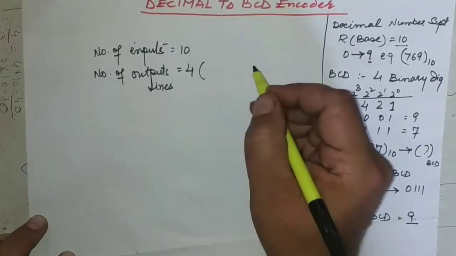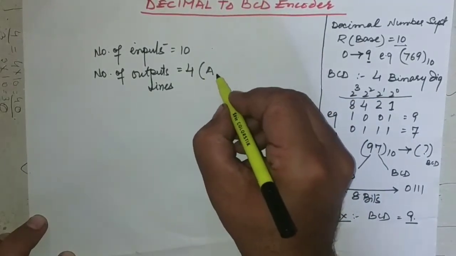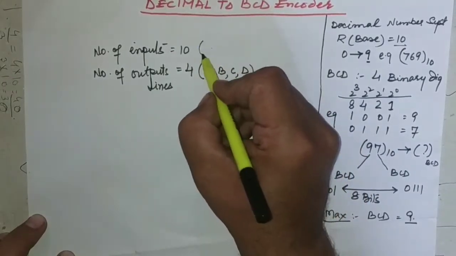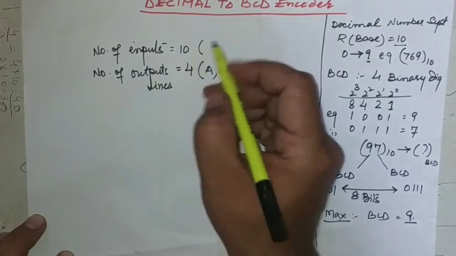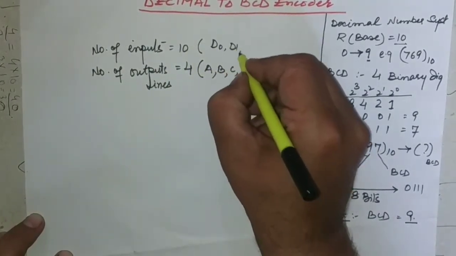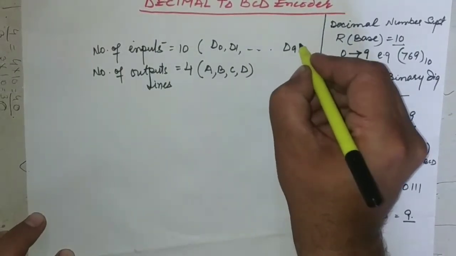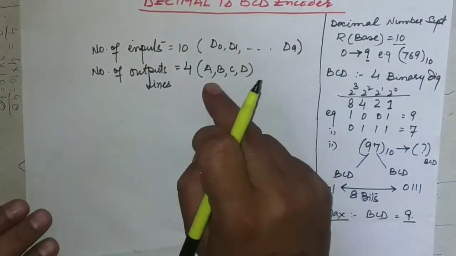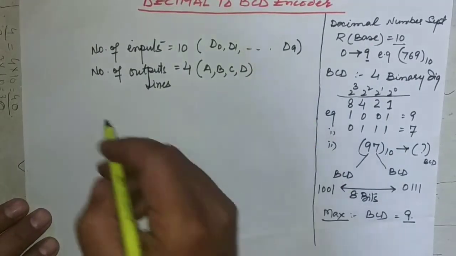And we will represent, say for example, these output lines as A, B, C, D, and these are decimal numbers, so we will represent them as D0, D1 and up to D9.